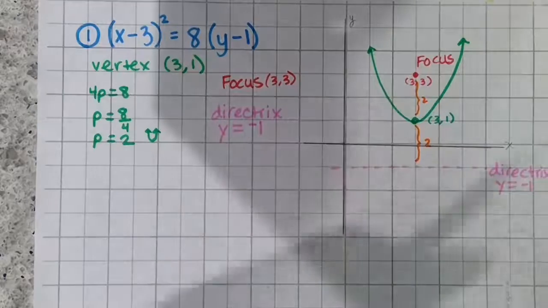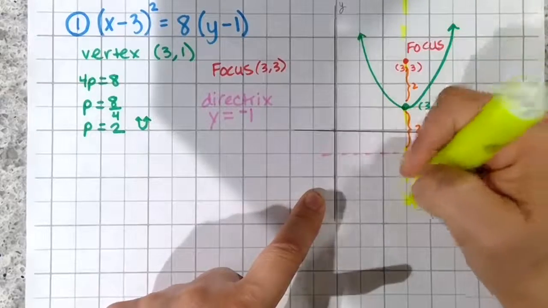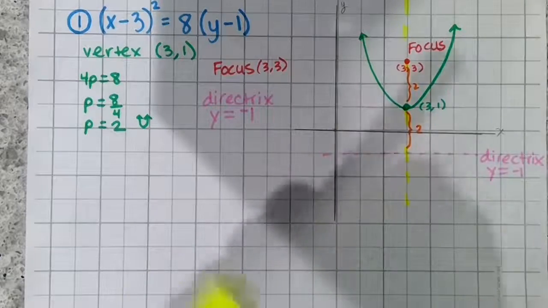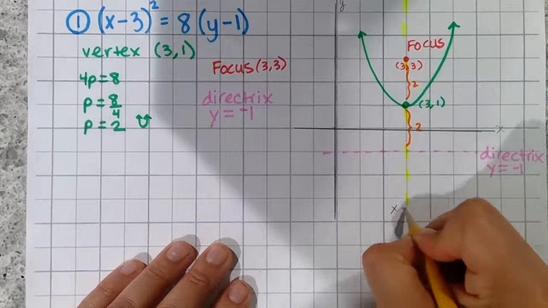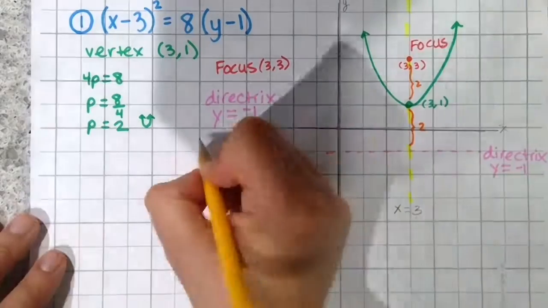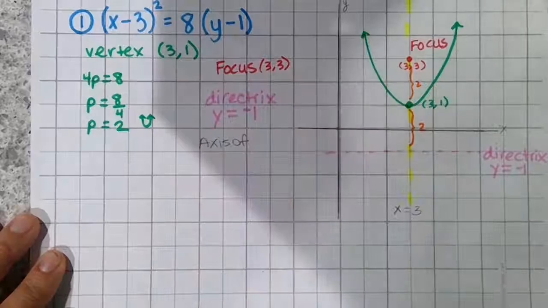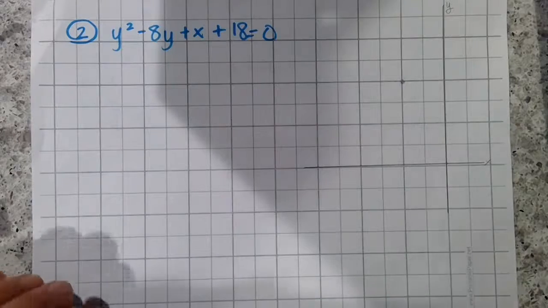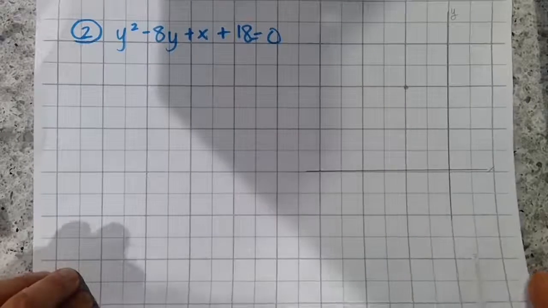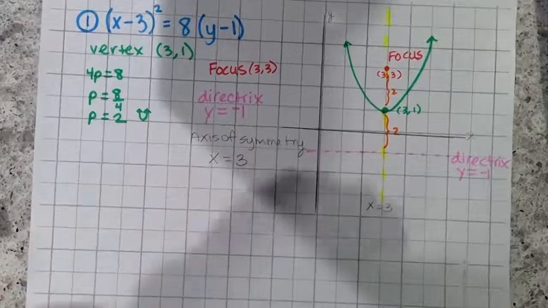You would already know where that goes. And again, because it's a line, it's an equation of a line. So your axis of symmetry is at x equals 3. So the axis of symmetry for that one was x equals 3.